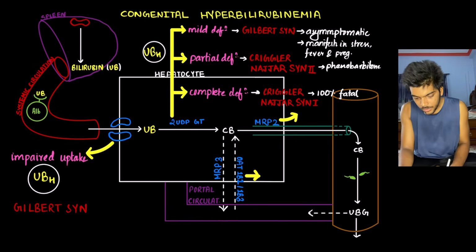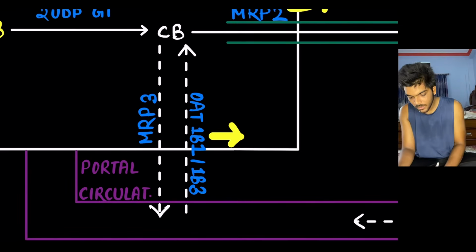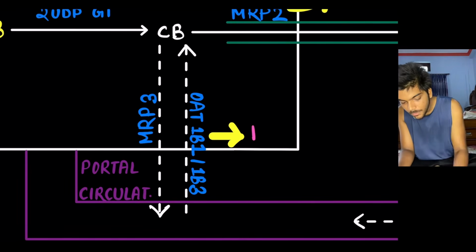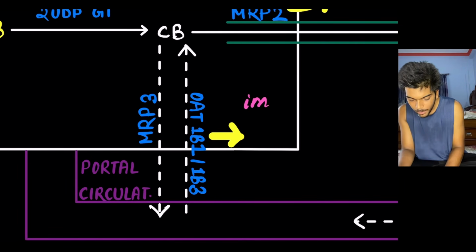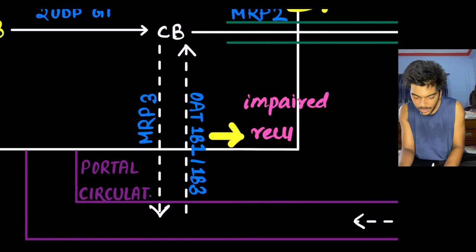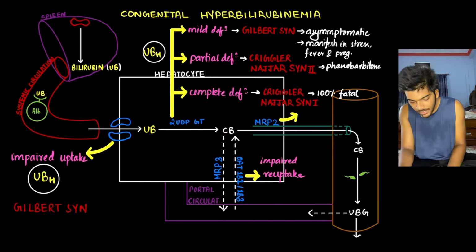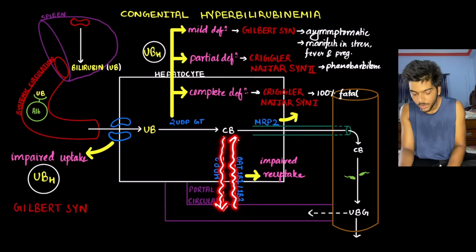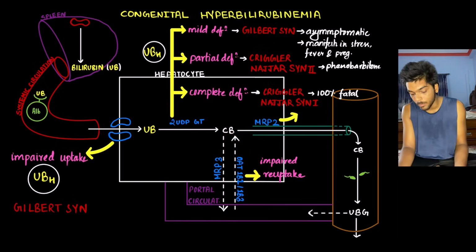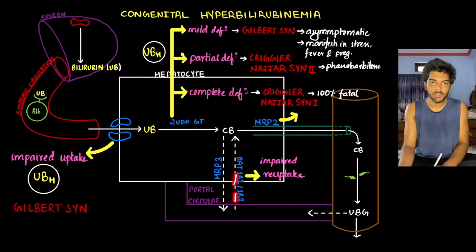Next, there is impaired reuptake. The reason behind it is, see, reuptake of the leaked conjugated bilirubin from portal circulation back into hepatocyte takes place with the help of transporters OAT 1B1 and 1B3.